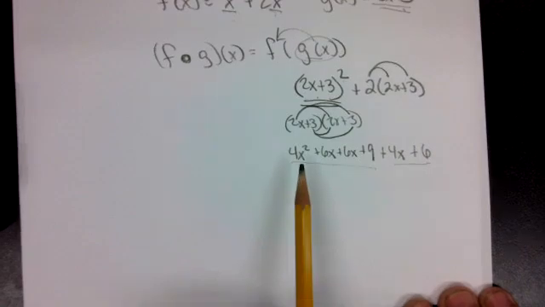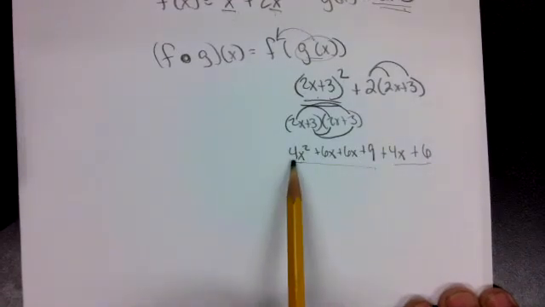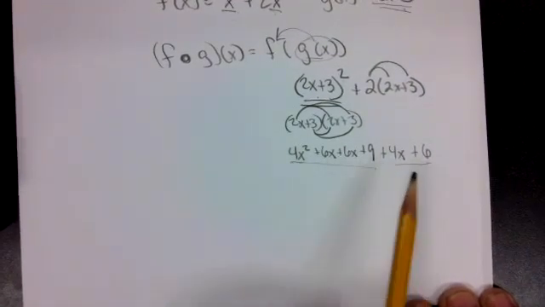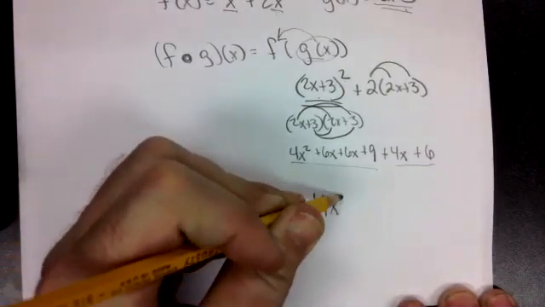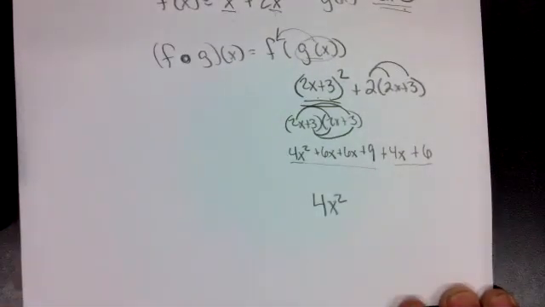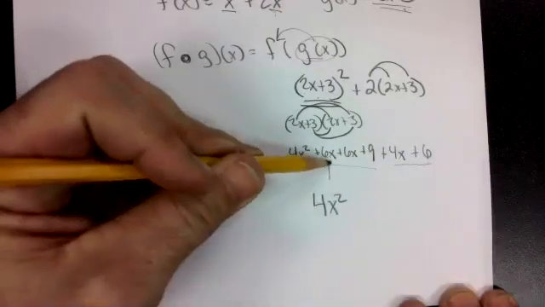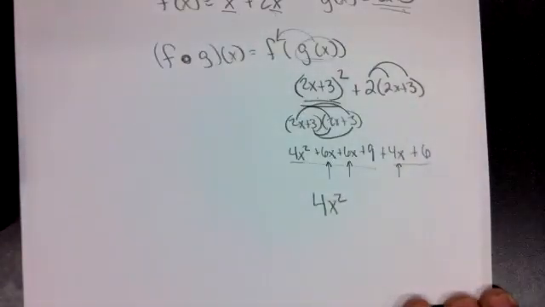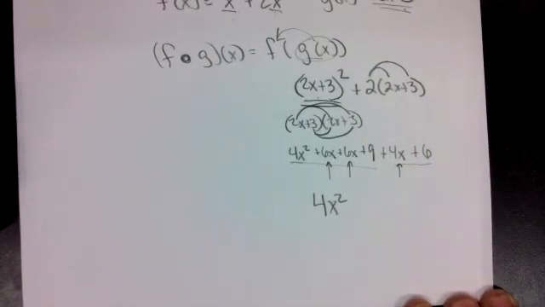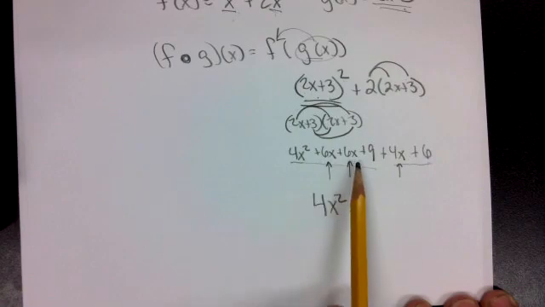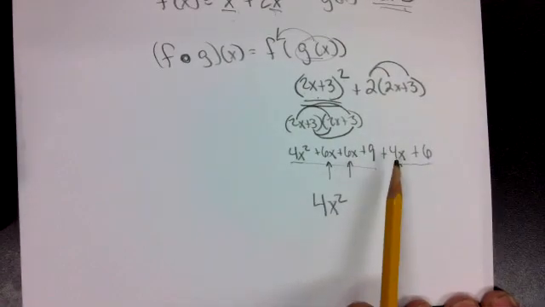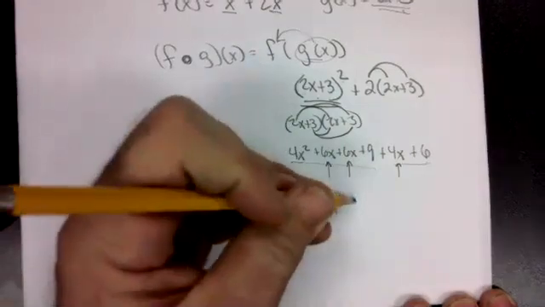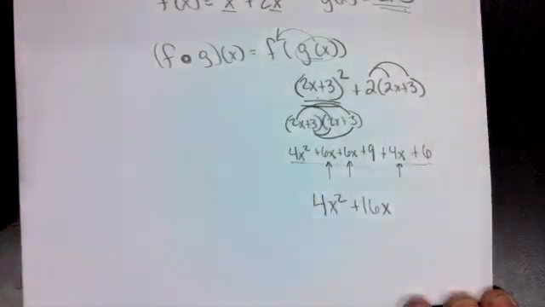Then I want to see if I can put anything together. So x squared, there aren't any other x squared terms, so it doesn't combine with anything. This 6x, this other 6x, and this 4x, we can actually combine all of those. So positive 6 and positive 6 is 12, and positive 4 is 16.